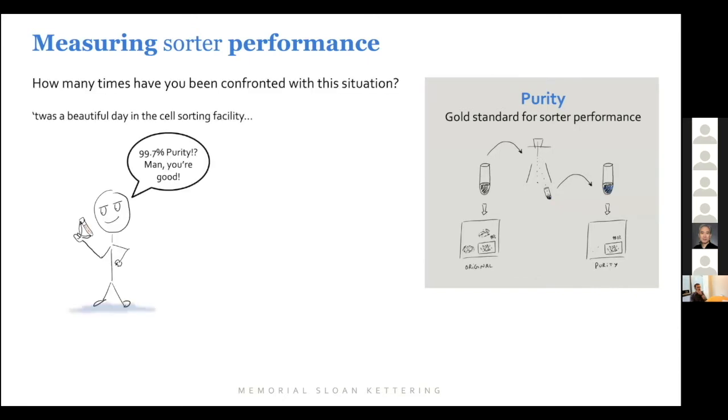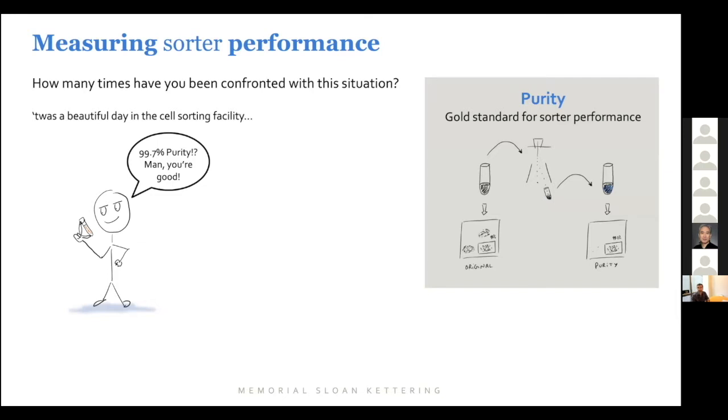And here's an example of how many times you have been confronted with this situation. You go to the cell sorting facility, you sort your cells, and you're really happy with the flow core facility. By the way, we get a lot of chocolates at Christmas because people are really happy because we always give them great purity. And I should say that a droplet cell sorter should be sorting with 99% or more purity.